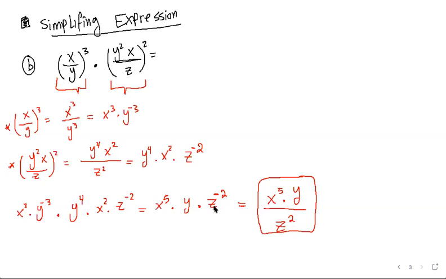Okay, let's do another example. So this here equals x to the 5 times y over z to the 2.